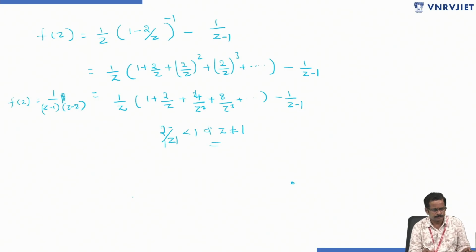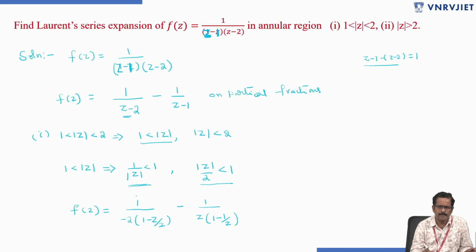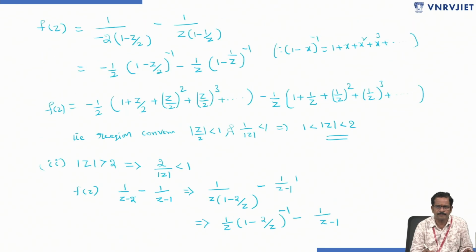Even 1 minus z also you can do, no issue at all. Even if it is 1 minus z, you can proceed as per the procedure, definitely you will get it. Instead of 1 minus z, I took z minus 1. So like this I evaluated.